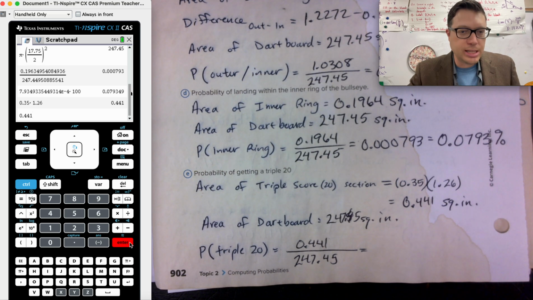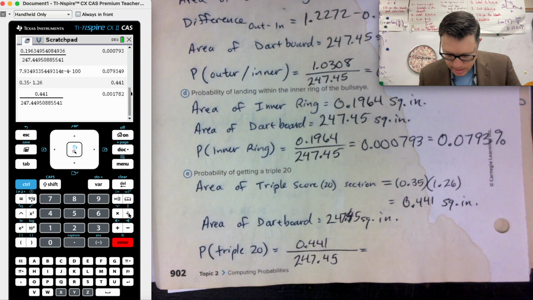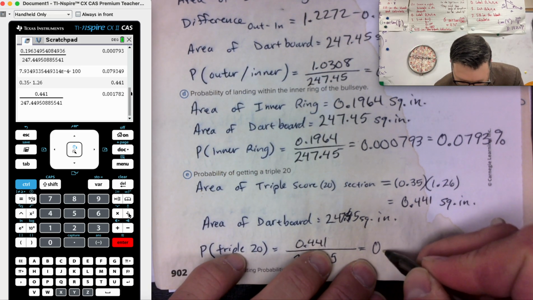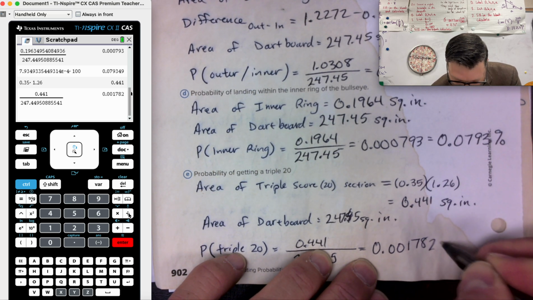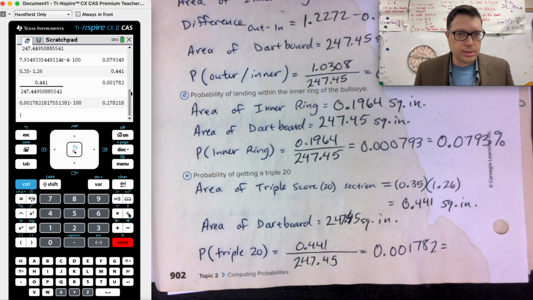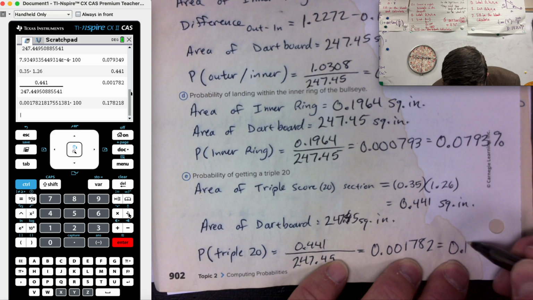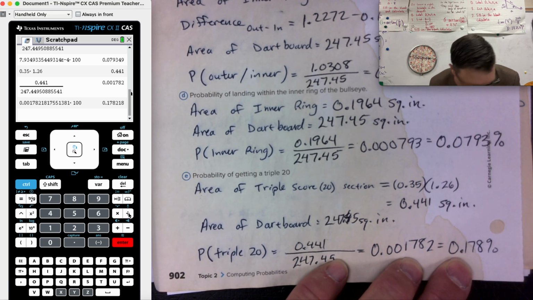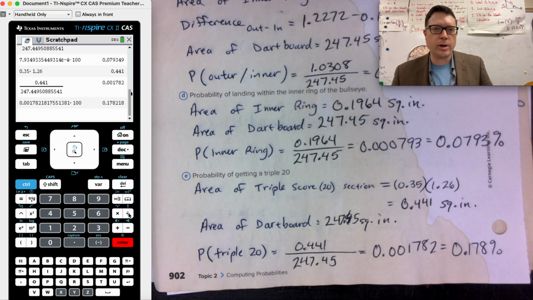So Cheez-It, divide by, there, Cheez-It, 0.001782, which as a percentage is 0.178%. We're approximately 0.18%, right?